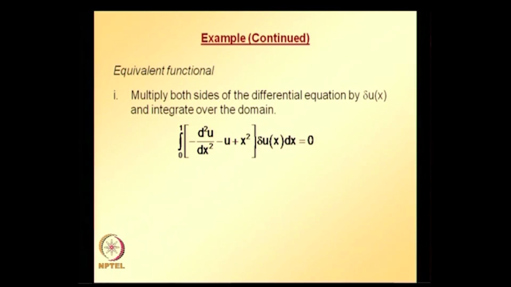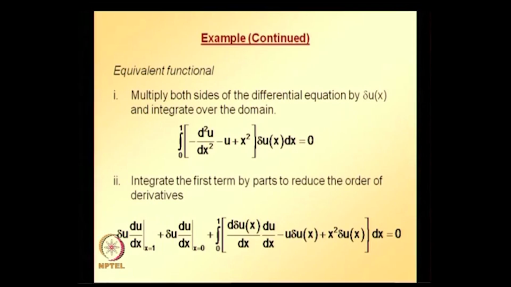Here the differential equation that is given is there in the square brackets, and it is multiplied with the variation of u, since u is the quantity that we are interested in finding. So you multiply the given differential equation with variation of u and integrate over the problem domain. Limits of this integration should be the limits of the domain.